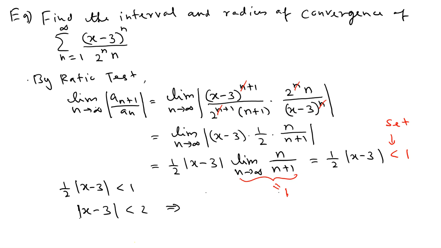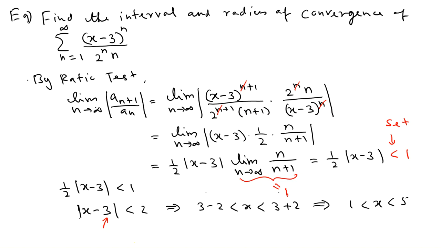And if you write this in interval form, what does that mean? You can go 2 away from 3 because that's the center. If you go 2 units from the center, what do you have? If you go to the left side, it is 3 minus 2. If you go to the right side, it is 3 plus 2. So this implies 1 and 5.